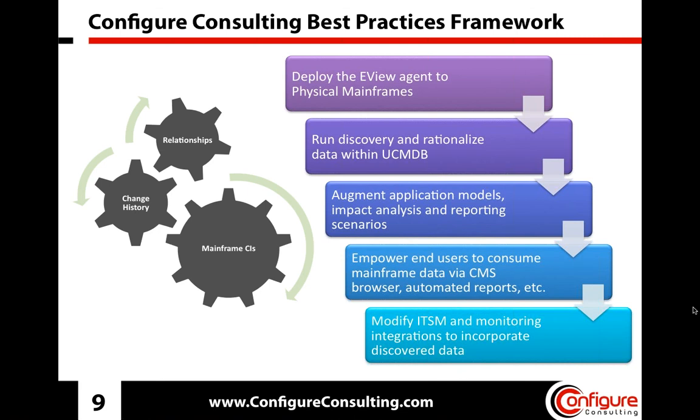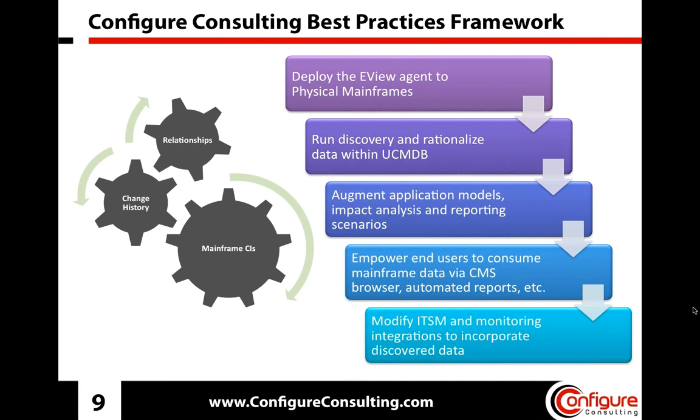Also, in terms of using the data for change control. Typical mainframe change controls are pretty rigid and have defined windows when changes are made, and the mainframe administrators that make those changes can use the reported data from UCMDB to verify changes that were made during the change window, to make sure that everything was changed, or make sure something that wasn't planned maybe accidentally was changed during the change window as well.